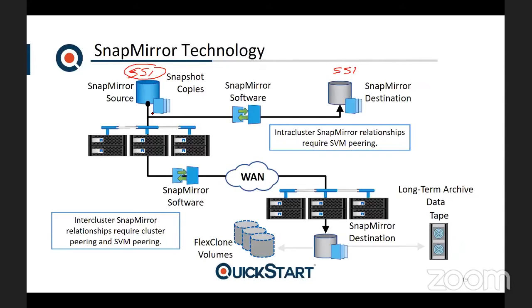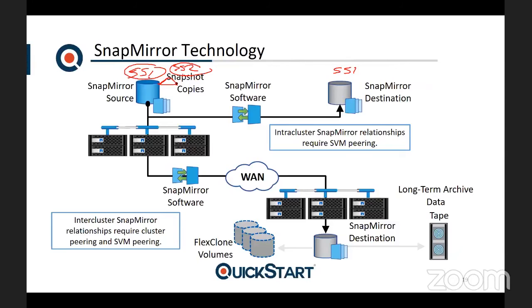And when we're configuring the SnapMirror, we're typically configuring some sort of schedule for how often we want this content to replicate over to the destination. So say I'm going to do it every hour. So the idea is when I am ready to do the new replication, I'm going to create a new snapshot copy over on the source here, and I'm going to compare the new snapshot copy to the previous one, and that's going to give me a delta.